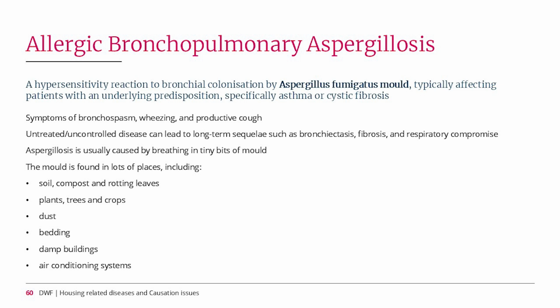So if a claim was made, you may think straight away that, well, it's likely to have come from mould in someone's home, but again, there's other places where that mould could have come from, such as soil, compost, rotting leaves, plants, trees, crops. So it's important to look at what was this person doing, what do they do in their work, what's their medical history, what do they do in their spare time, because there's a range of different causes, even with a condition like this, which is related to mould specifically.